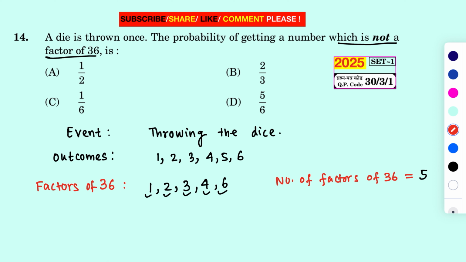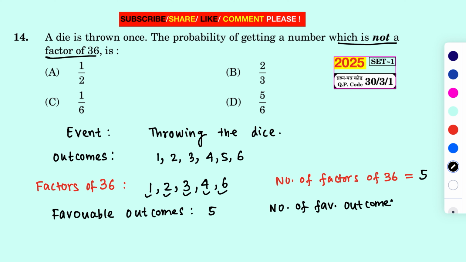So the favorable outcome is only 5, which is not a factor of 36. So the number of favorable outcomes is equal to 1.